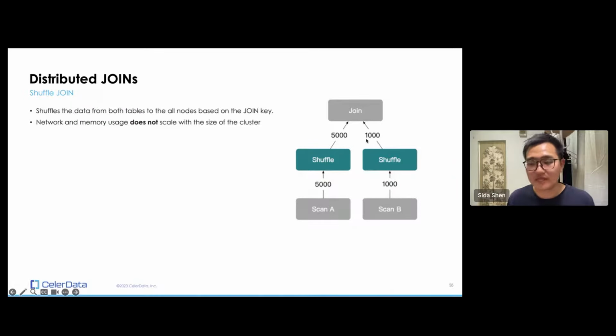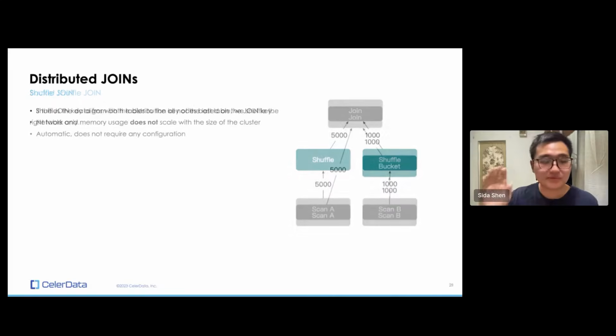So it's very scalable. The more nodes you add, the more performance you get, and you use the same amount of memory to run the same query. It does not scale with the size of the cluster, and this is the key to achieving truly scalable join in a distributed fashion.